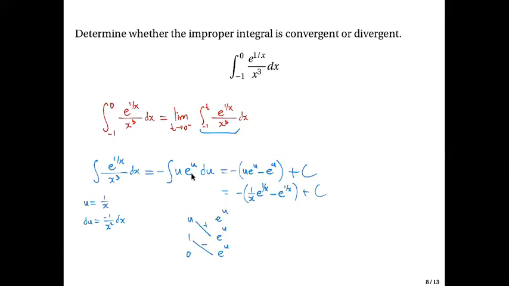So that this becomes here the limit as t approaches 0 from the left of negative quantity e to the 1 over x minus e to the 1 over x, evaluated from -1 to t.